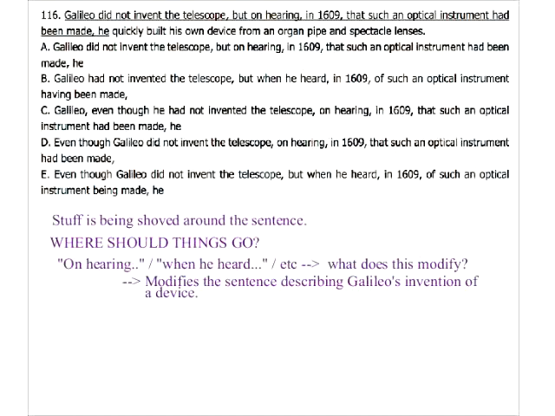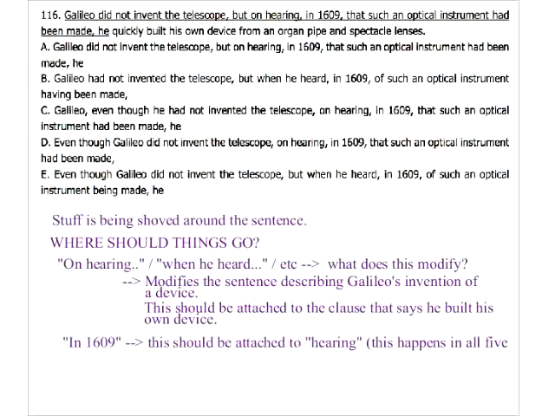So therefore, this should be attached to the clause that says he built his own device. And ideally, it shouldn't be attached to anything else. So that's also a consideration. In 1609 should be attached to hearing, but that happens in all the choices, so that's not really a concern, but it's something you would want to look out for.